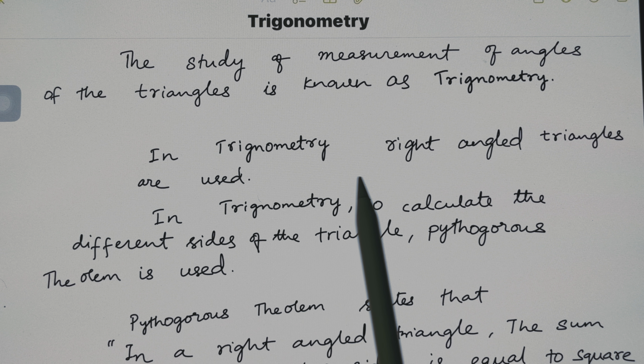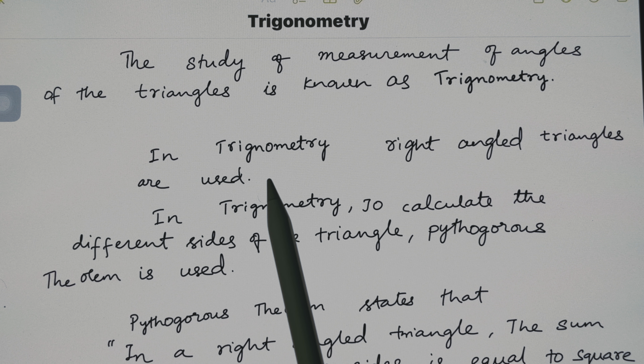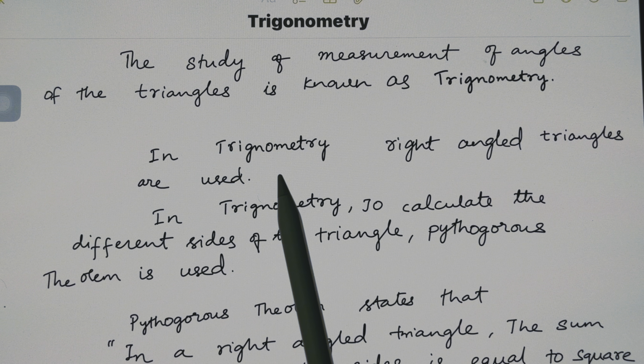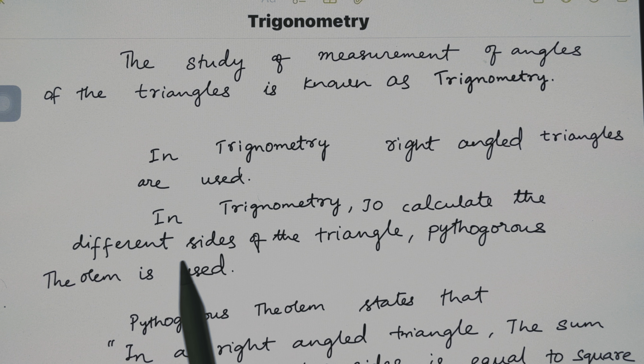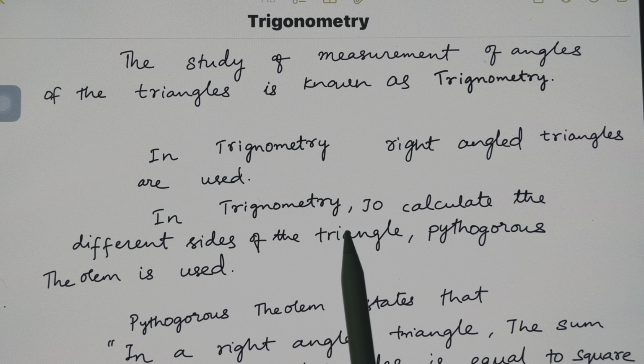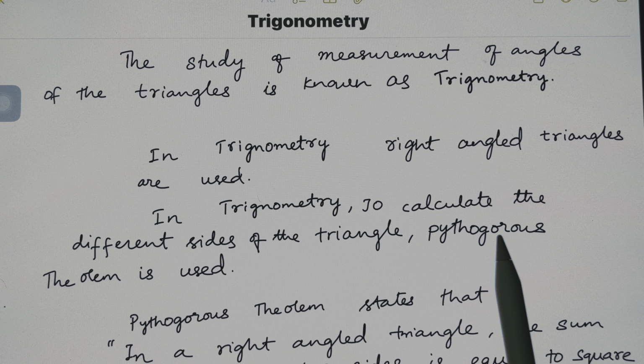In trigonometry, right angle triangles are used, most of the time. To calculate the different sides of the triangle, the Pythagoras theorem is used. The Pythagoras theorem is based on triangles only. So to calculate the sides of the triangle, we are utilizing the Pythagoras theorem.